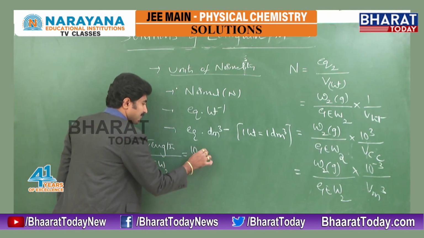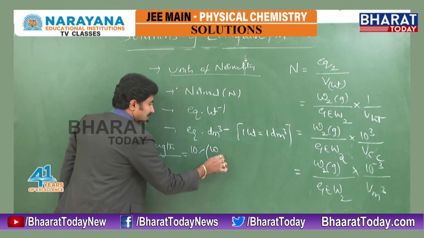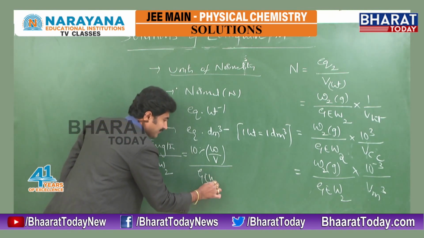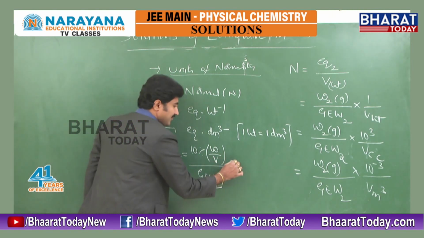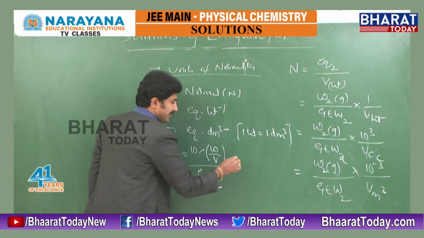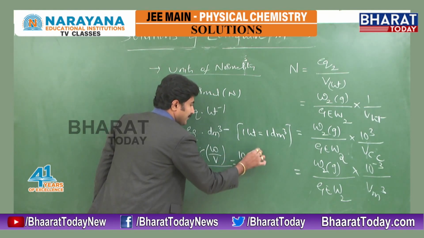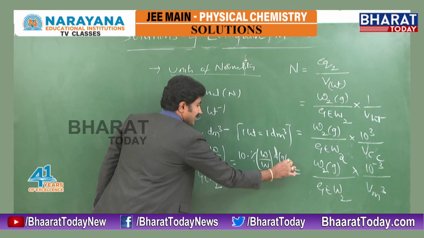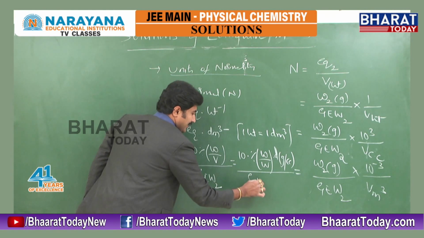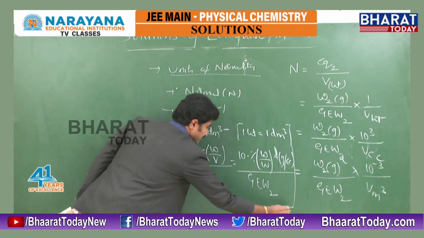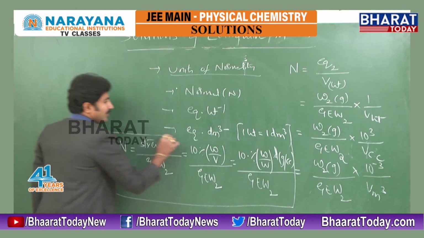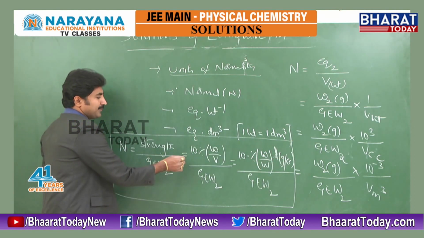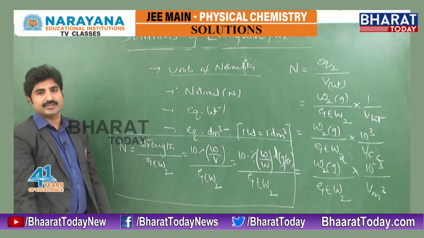In terms of percentage weight by volume, 10 times percentage weight by volume by gram equivalent weight of the solute. In terms of density and percentage weight by weight, 10 times percentage weight by weight into density of the solution in gram per cc by gram equivalent weight of the solute. So this is the expression which shows relation among normality and the previous concentration methods.